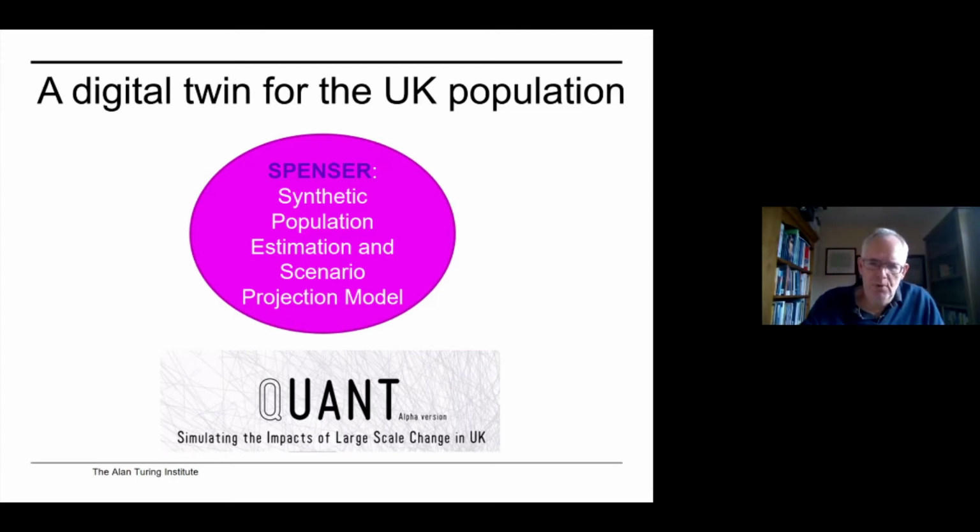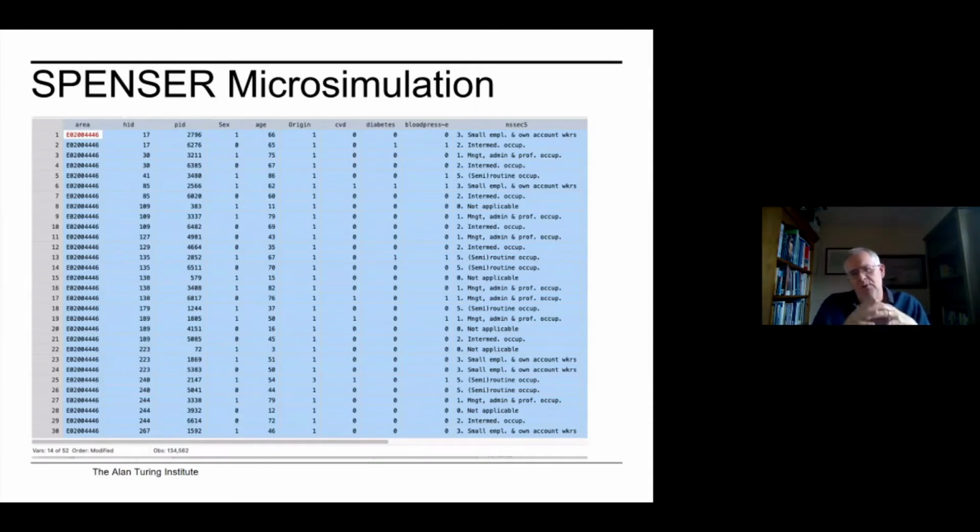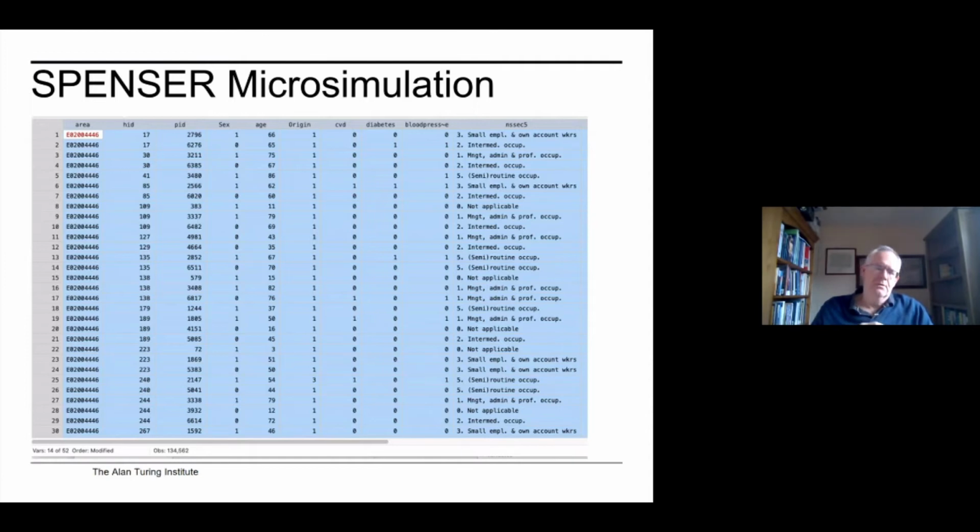I'm going to say a little bit more about these two techniques, and in the interest of time, obviously I'm not going to go into a great deal of detail, but just to give you a sense of the sorts of things that we are thinking about here. So the microsimulation modelling, as the name suggests, is oriented around representing the population at a very fine scale.